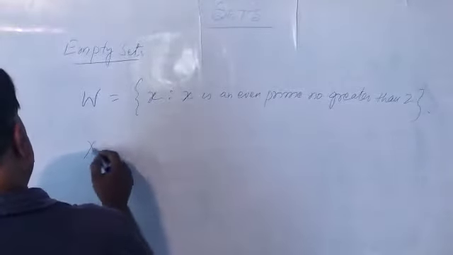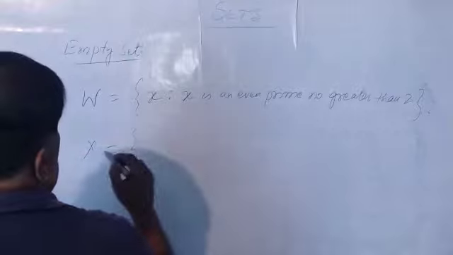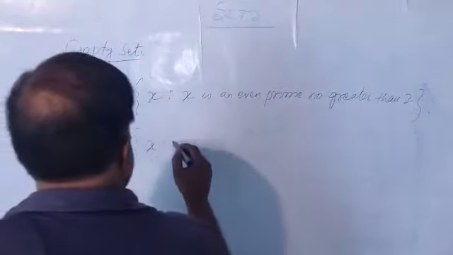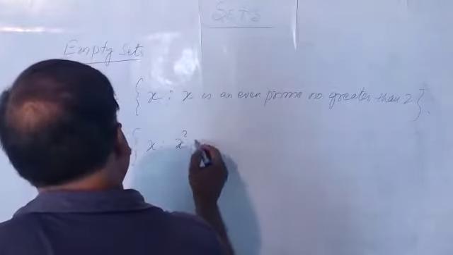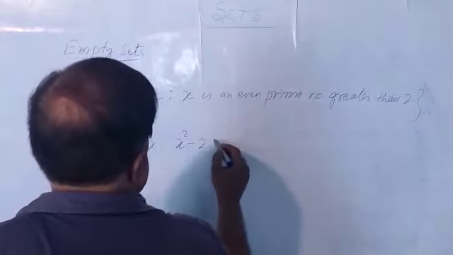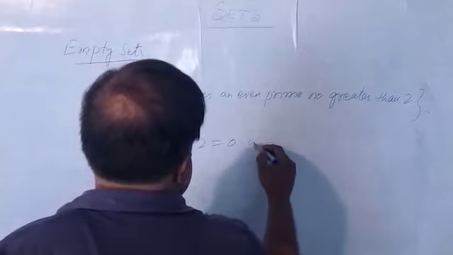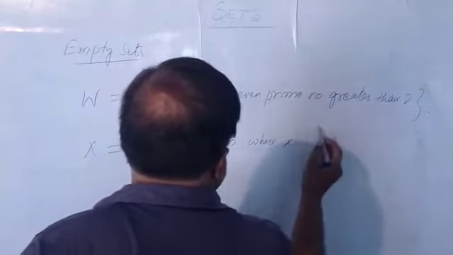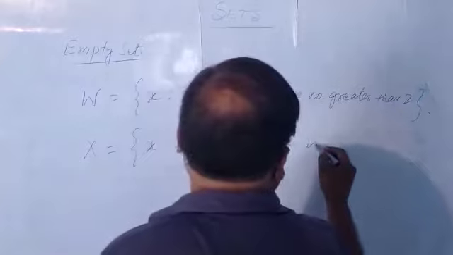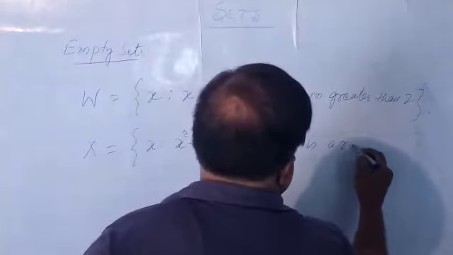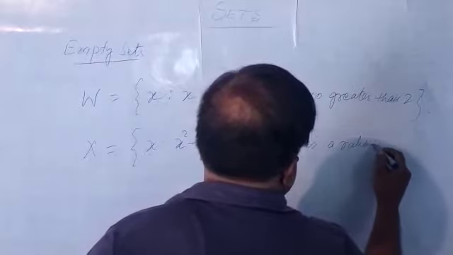Second, the collection of all x such that x square minus 2 is equal to 0, where x is a rational number.